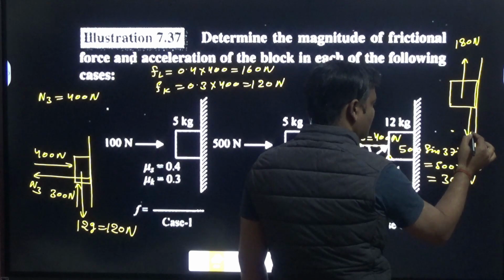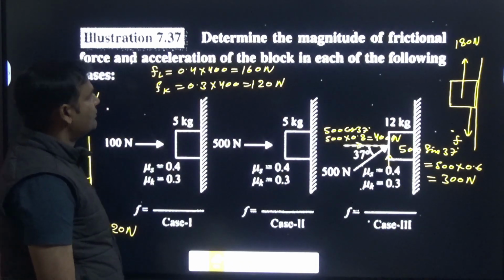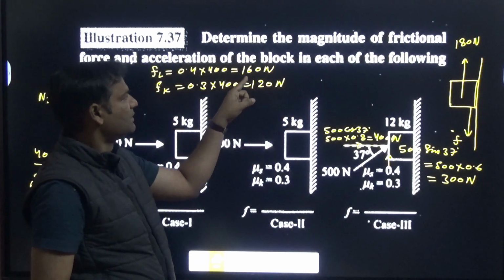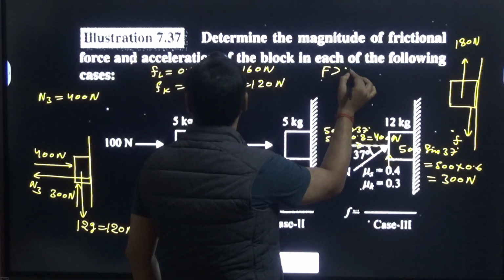So frictional force works in this direction. Clear? First of all, check whether the applied force is greater than FL. Applied force 180 is greater than FL.